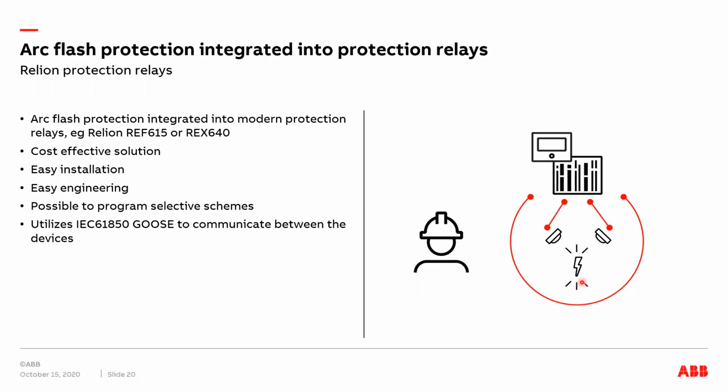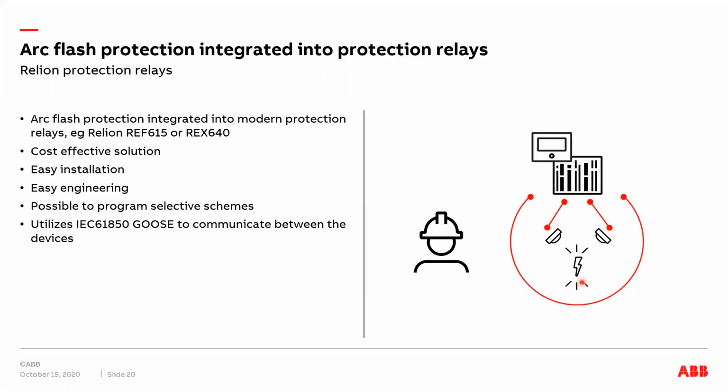The installation is quite easy to do at the same time with the protection relays by utilizing the lens sensors with short connections only. The engineering is done at the same time as you engineer the other protection functions, so it's quite easy, and also gives a lot of possibilities to do selective schemes and different functionality in the same engineering as the other protection functions.